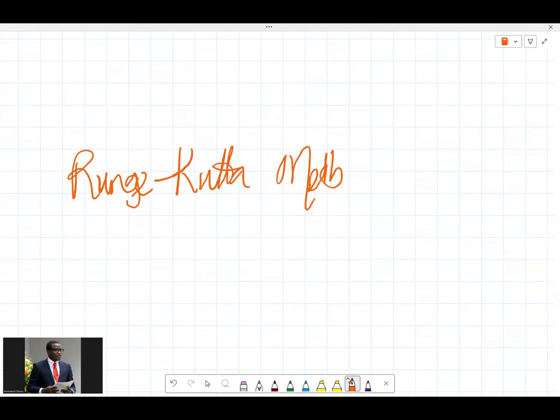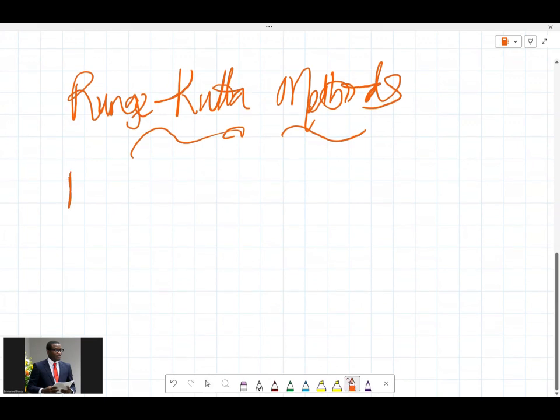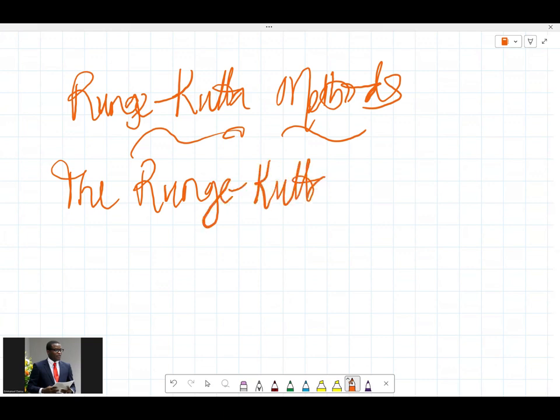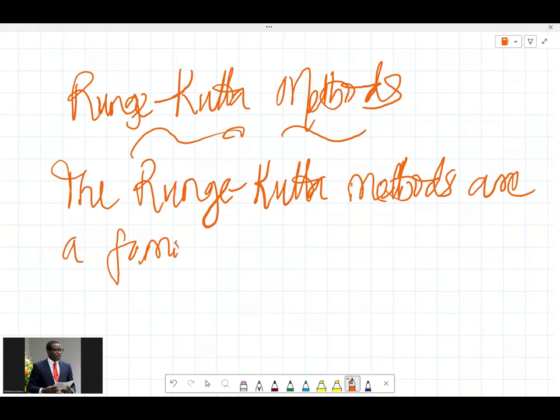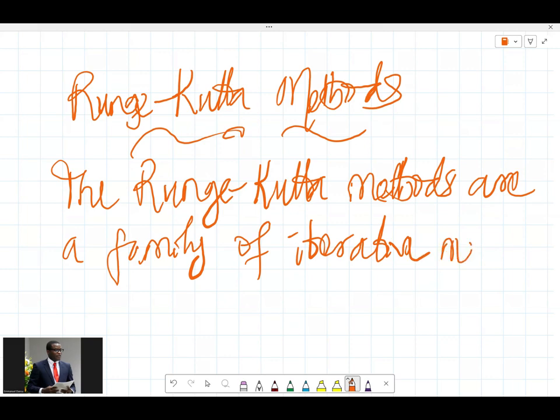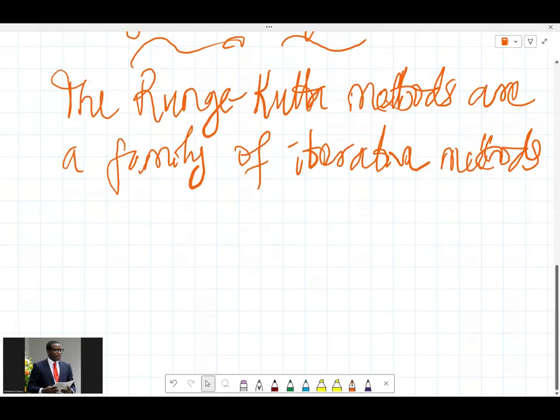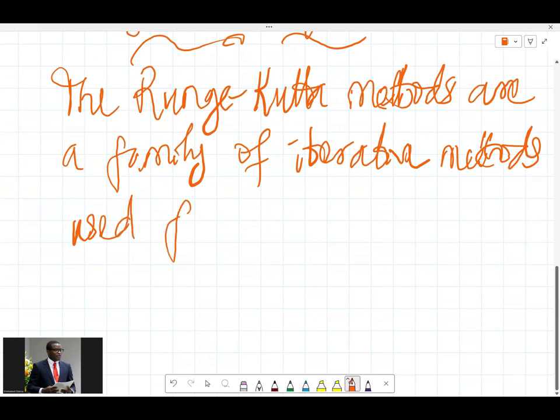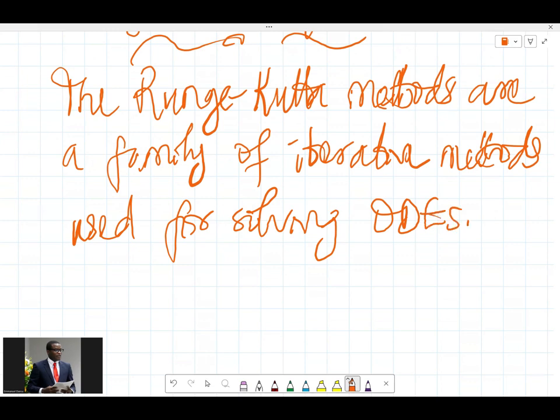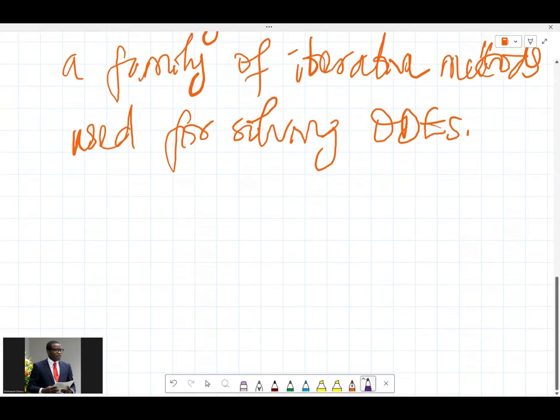The Runge-Kutta methods are a family of iterative methods used for solving ordinary differential equations, ODEs.